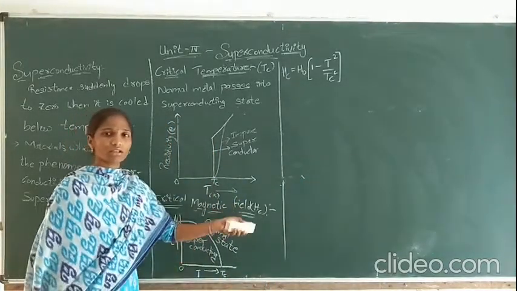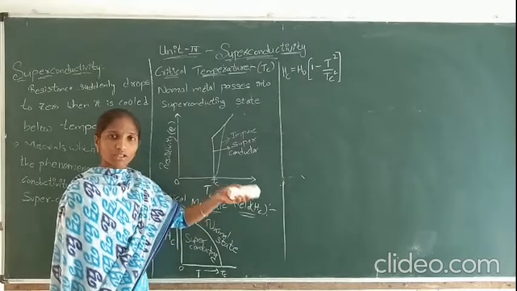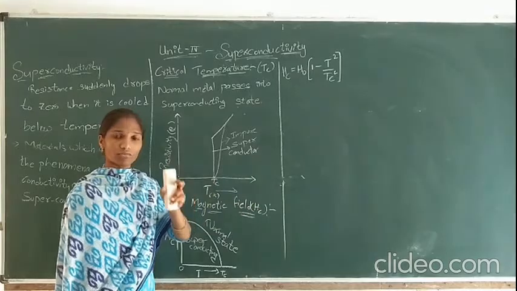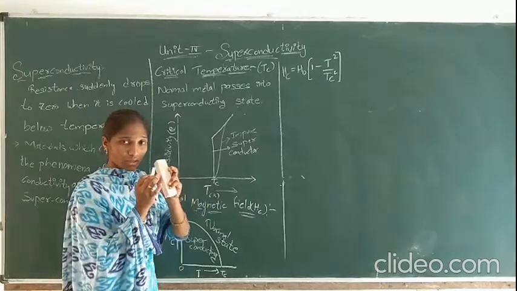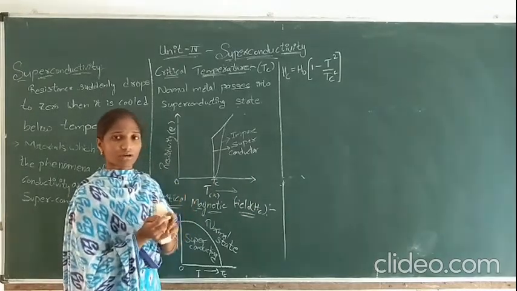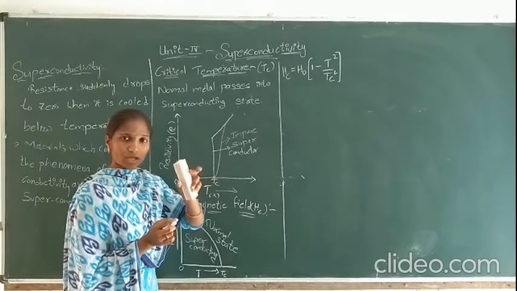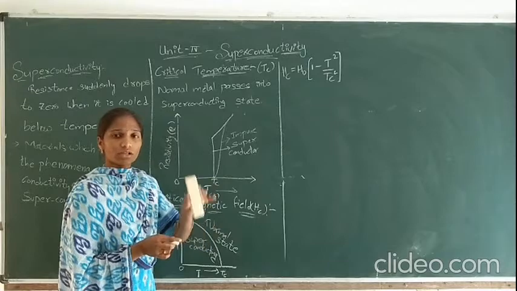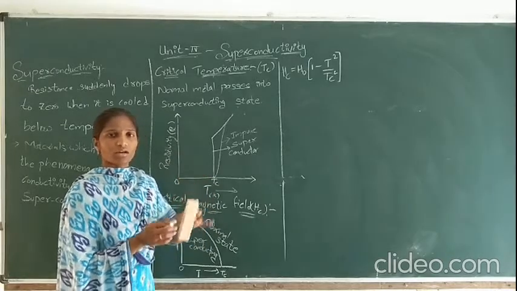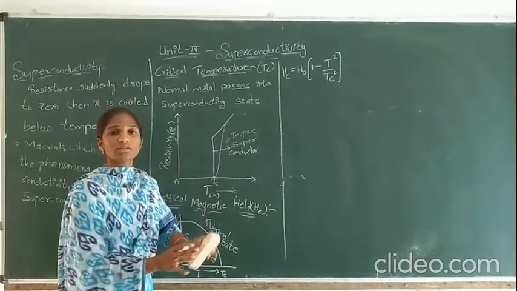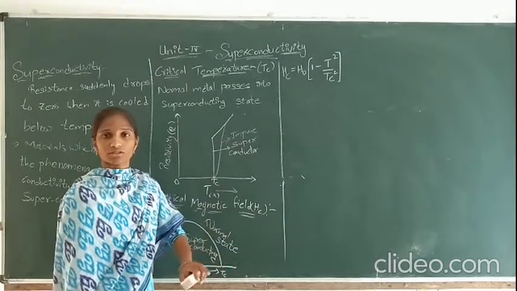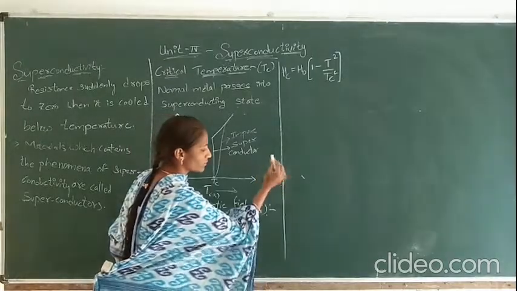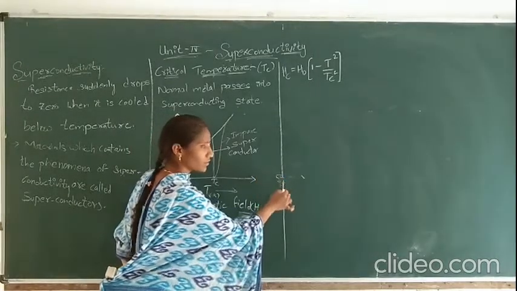What is a conducting material? The material which allows the flow of current. Even for a conductor, some small resistance will be there at low temperature. But what is the main phenomenon of a superconductor? A superconductor is a material whose resistance is completely zero when it is cooled below a certain temperature.